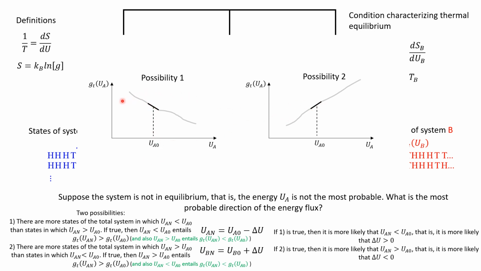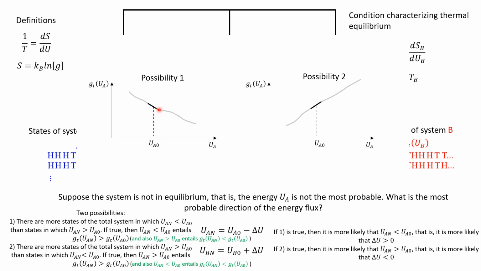So for example, if possibility 1 is true, then we have more states when the new energy is lower than the initial energy. That's this condition. The multiplicity is larger when we are evaluating an energy which is lower than the initial energy, to the left of the initial energy. And of course, the multiplicity will be smaller if we are evaluating an energy which is higher than the initial energy.